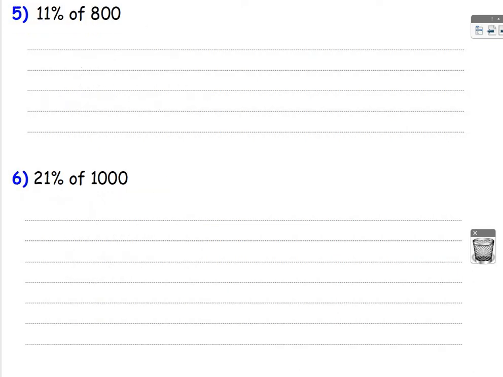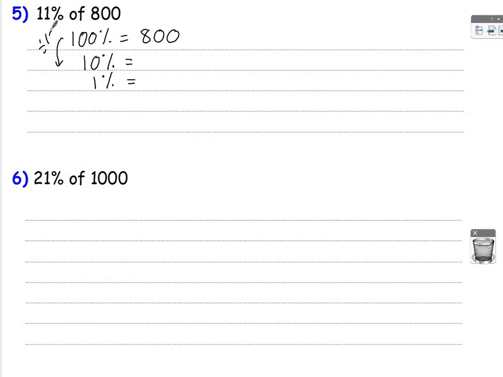Let's look at a few more examples. So here we need to find 11% of 800. 100% is 800. What will I need to find 11%? Well, I will actually need 10% and 1%, because to make 11% it's going to be 10 add 1, isn't it? Okay, so this one's a bit more tricky now. So here, how do we get from 100% to 10%?